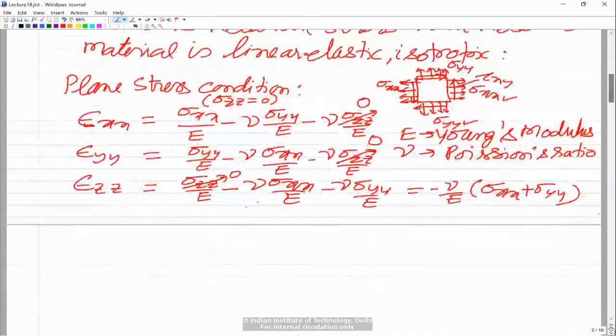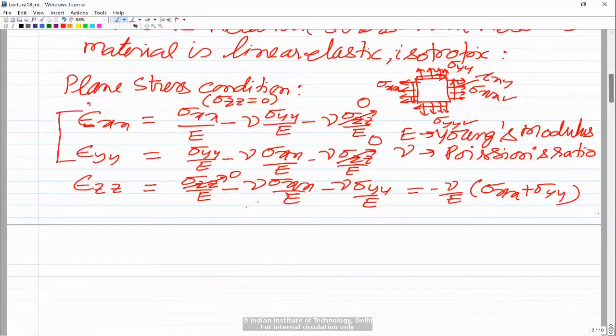Now if you look at B, what we want to do, we want to do the displacement based formulation. So that means ultimately we want to express all the equations in terms of the displacements. So rather than writing strains in terms of stresses, we want to write basically the stresses in terms of strain.